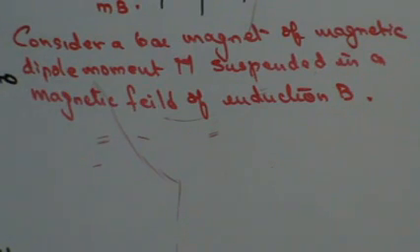Now, the magnet remains in equilibrium position with the axis parallel to the direction of B.